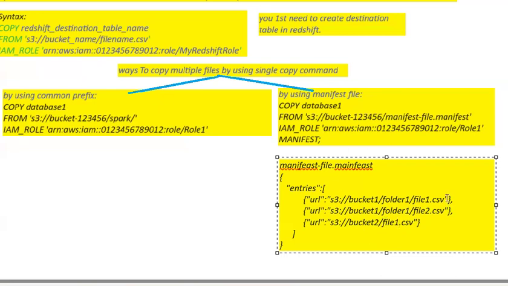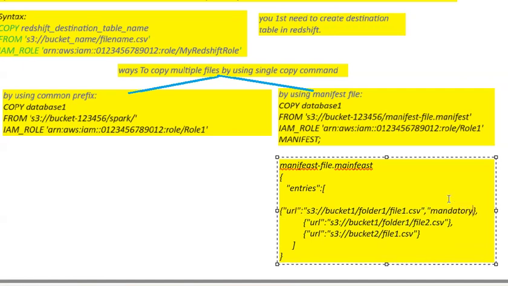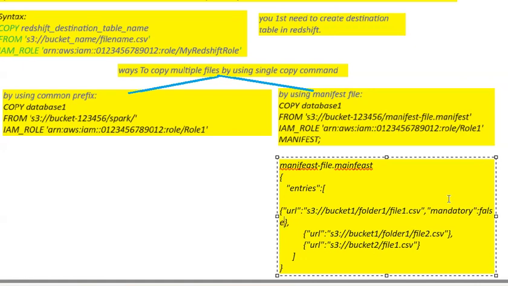Even this manifest has multiple options, like it has a mandatory field as well. So what does this mandatory field indicate, sir? This mandatory field indicates, if the file is not there, what it needs to do: it needs to stop there, or it needs to move forward to the next command.